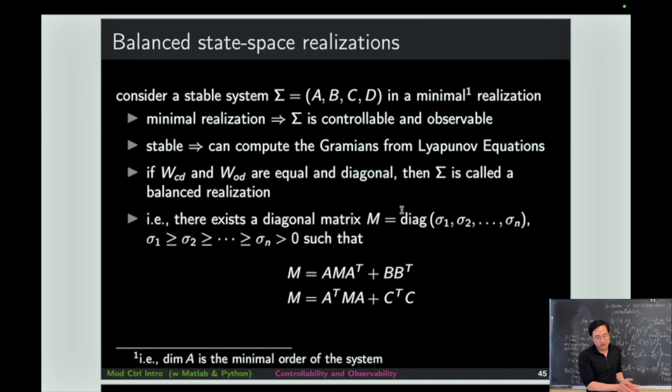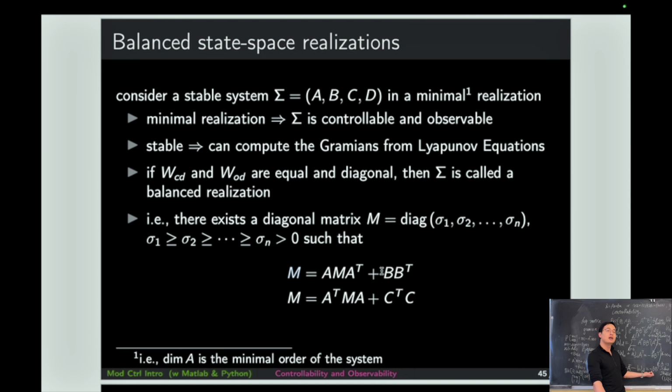So the way that we do it is to combine these two together. We look for those matrices M, the Gramian, such that it is a solution to both this equation and this equation. So M is a solution to A M A transpose minus M equals negative B B transpose.